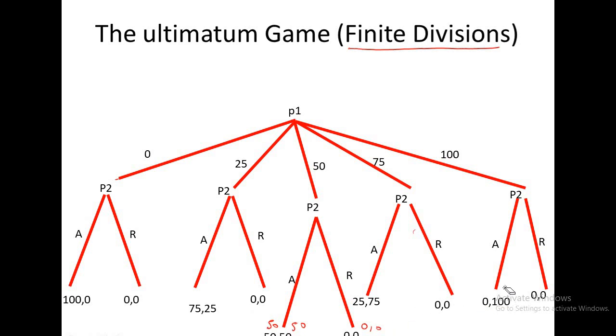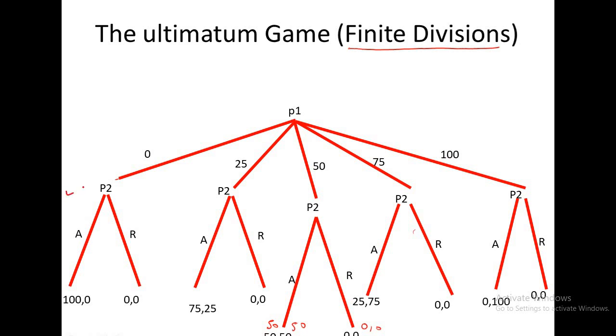As per the backward induction method, we need to start from the non-terminal nodes of the last level, or we can say the subgame of length 1. So first of all, we need to find out the subgames of length 1.